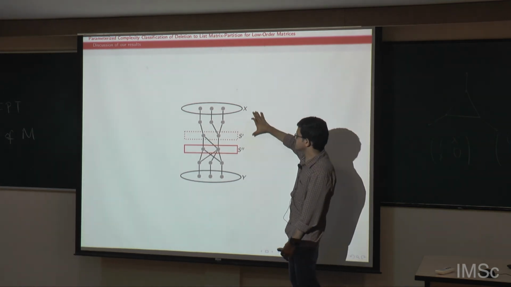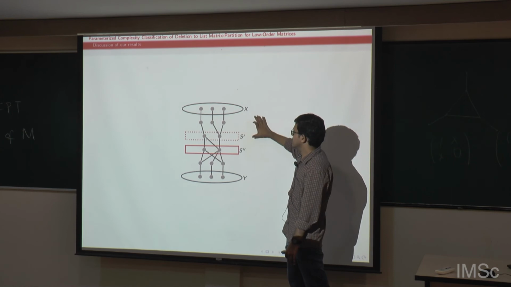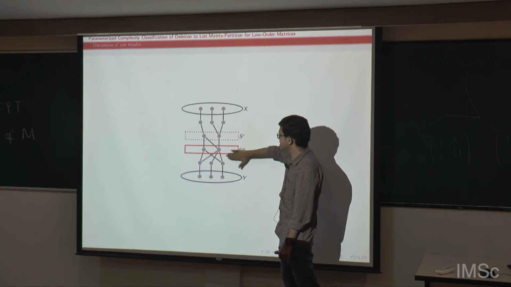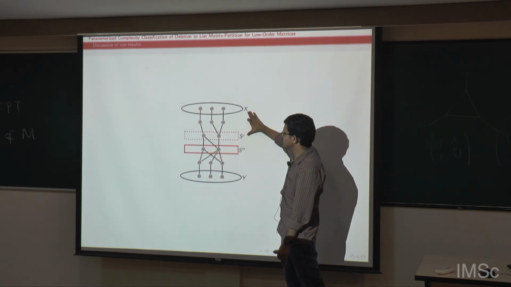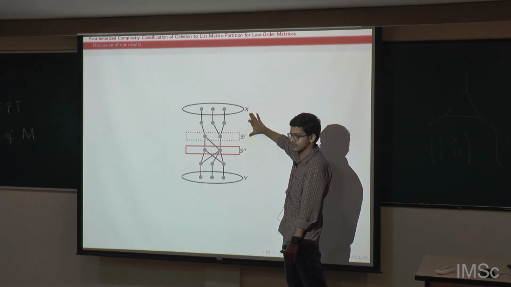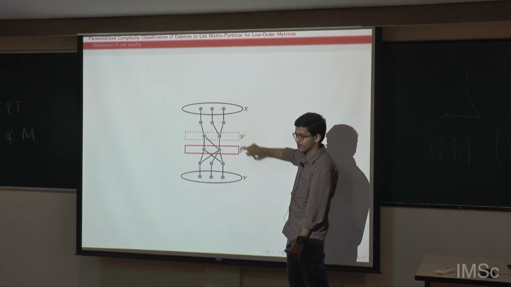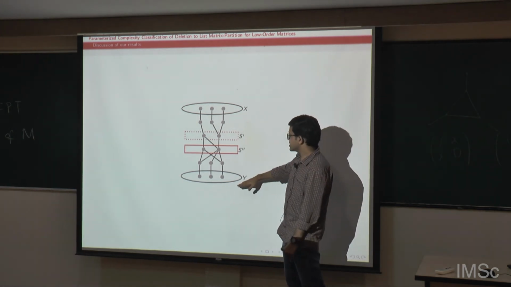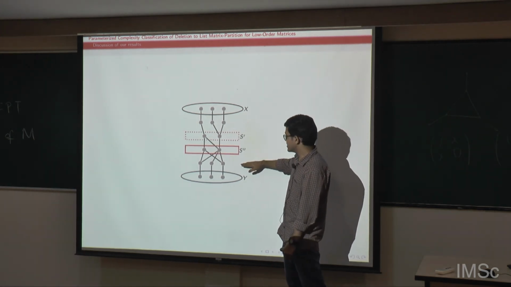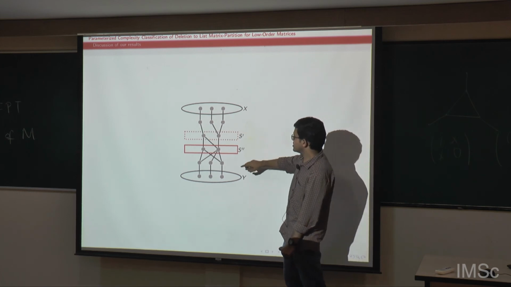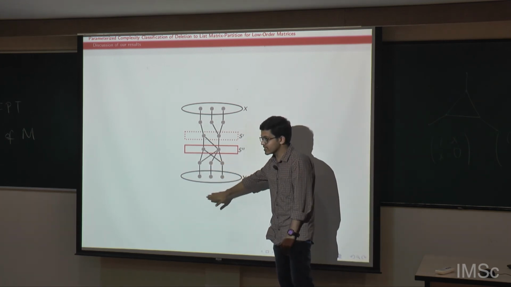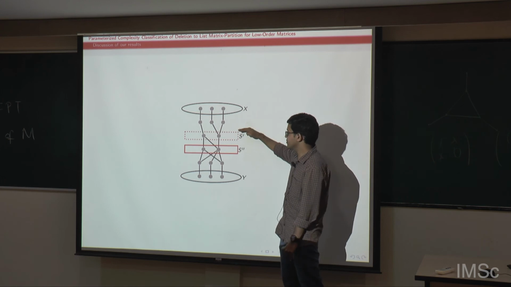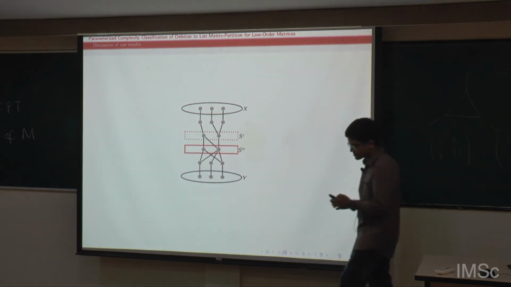One thing, now there are more vertices that are reachable from X. If we delete S double prime, more vertices are reachable from X than if we delete S prime. Similarly, a smaller number of vertices are reachable from Y now than if we delete S prime.